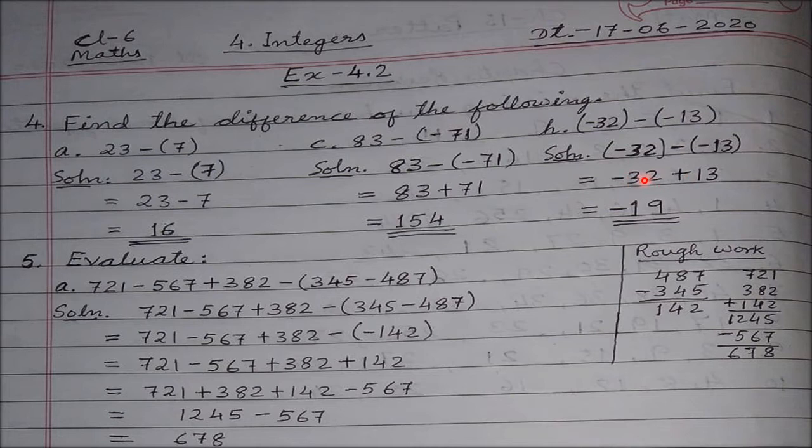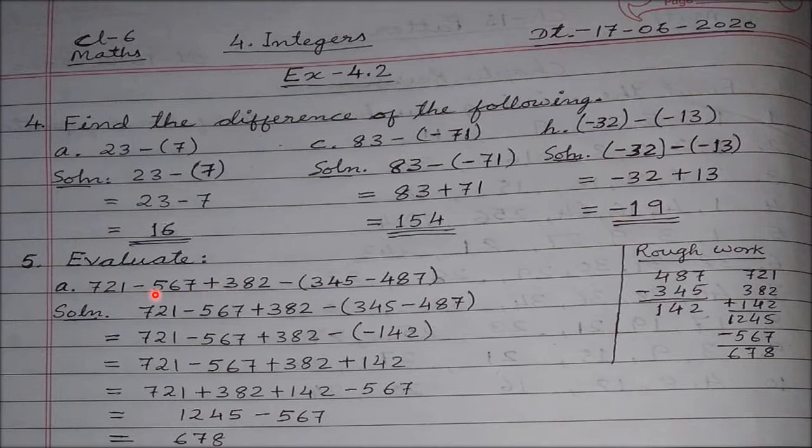Now from 32 we subtract 13, we get 19, and the sign will be of the bigger number in value. The absolute value of 32 and here the absolute value of 13. So 32 minus 13 we have to do, and what we get is 19. The sign of the bigger one will be used.